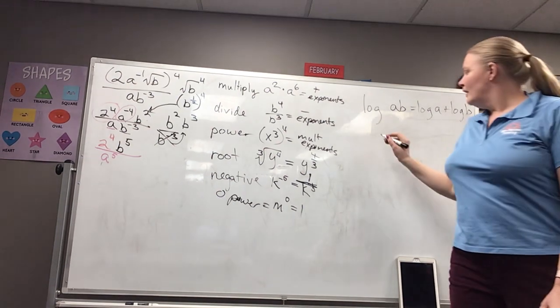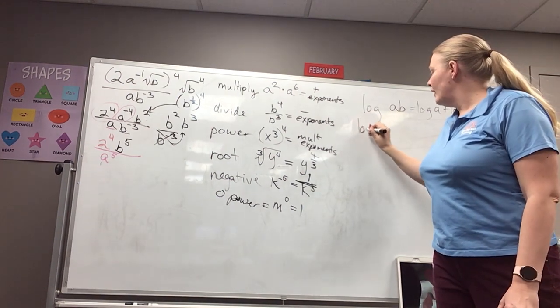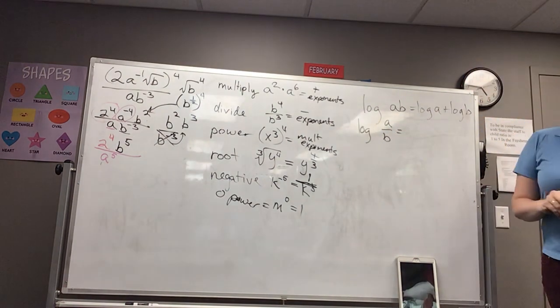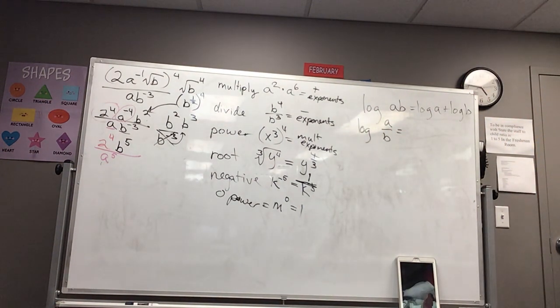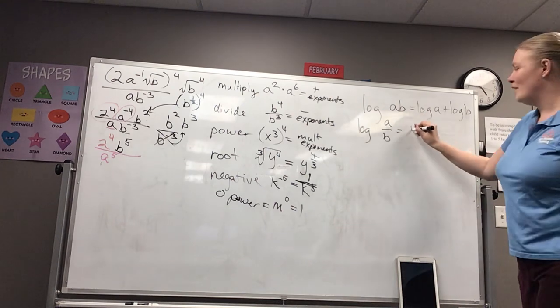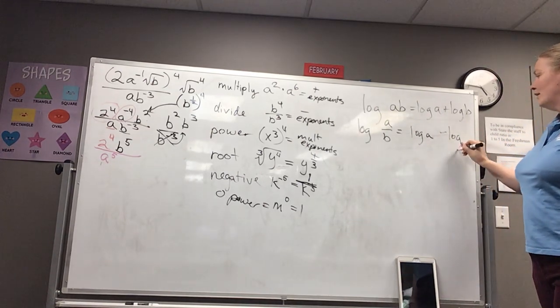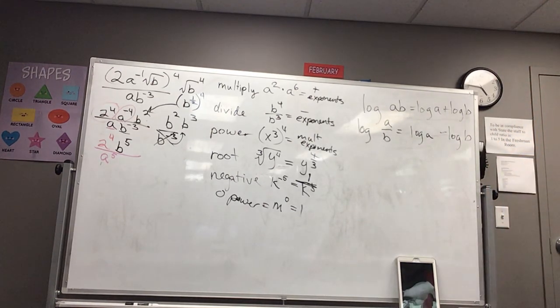Same way, if we have the log of division, what do you think it's going to turn into? Subtraction. And so it's the log of a minus the log of b.